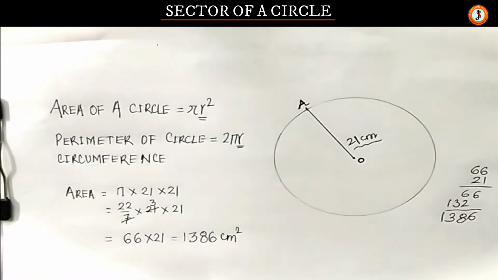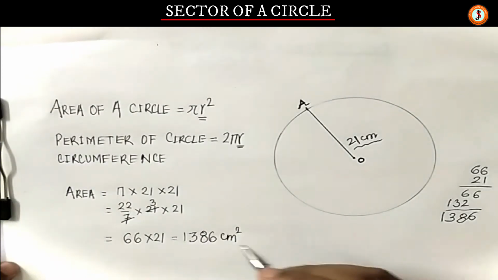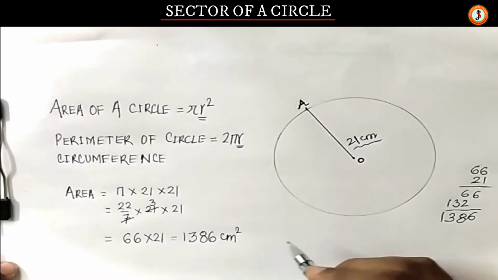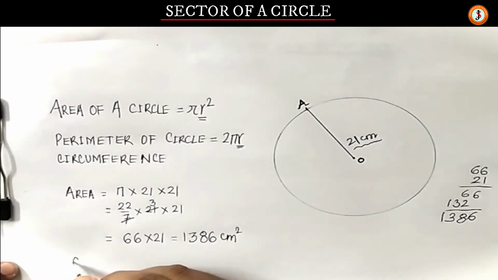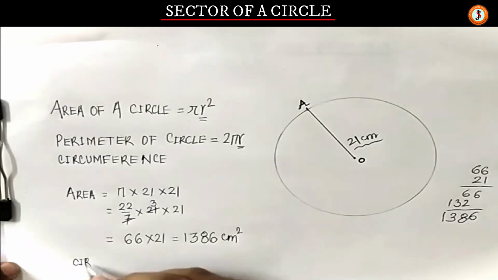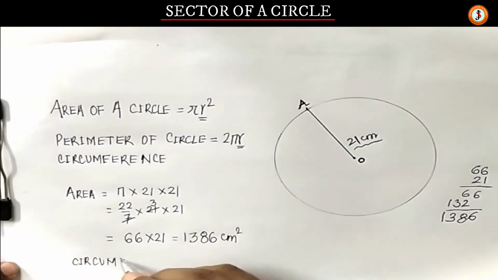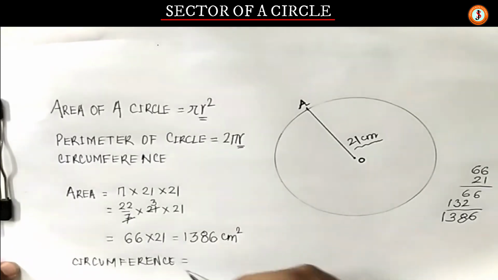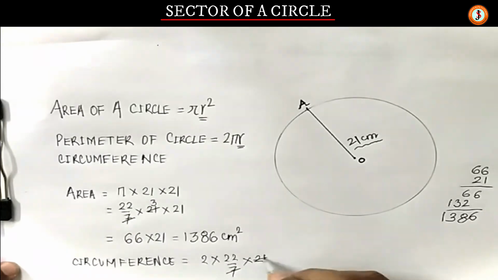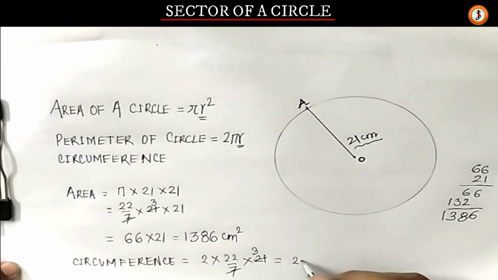The area unit will always be square. Sachin, can you confirm what is 66 into 21? It is 1386. And circumference will be equal to 2 into 22 by 7 into 21. 7 3s are 21, so that is 2 into 3 into 22.